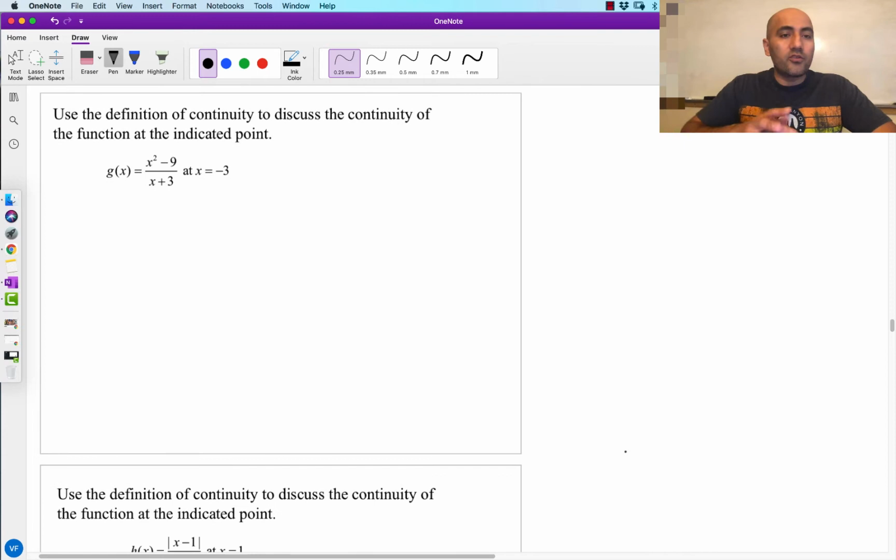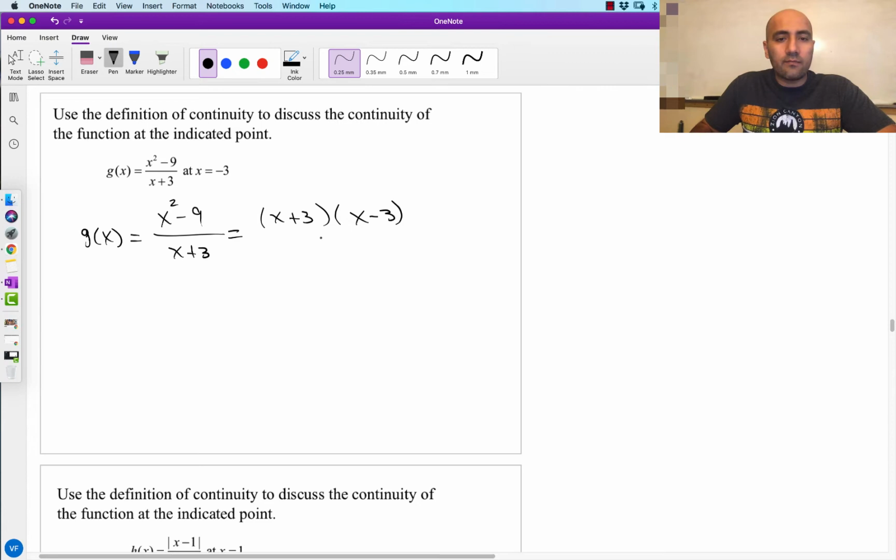All right, moving on. Use the definition of continuity to discuss the continuity of the function at the indicated point. So at x equals negative 3. Note that g of x equals x squared minus 9 all over x plus 3 is the same thing as x plus 3 times x minus 3 all over x plus 3.